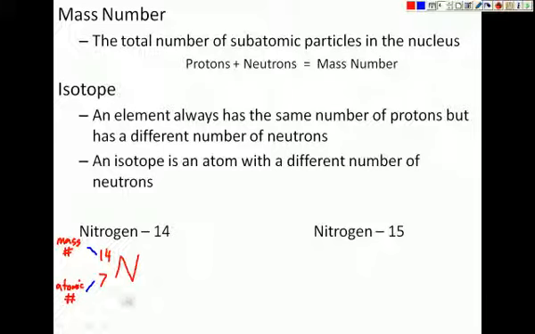So what this means is that this right here has 7 protons and its mass number is 14. So if mass number is 14 and it has 7 protons, then the amount of neutrons that it has is 7 as well.